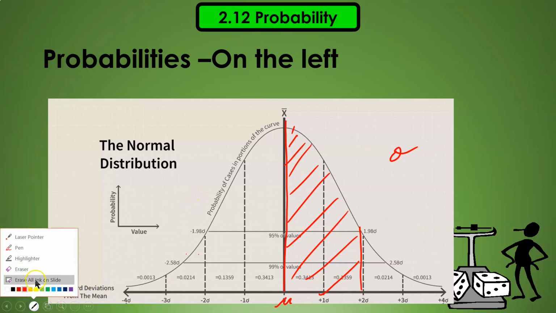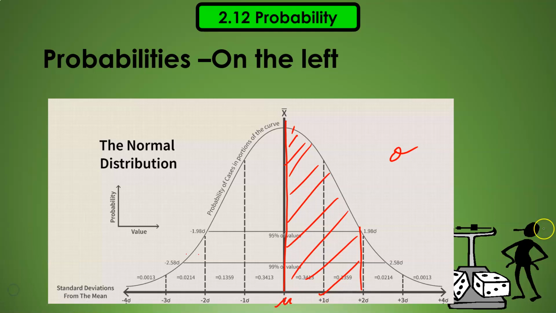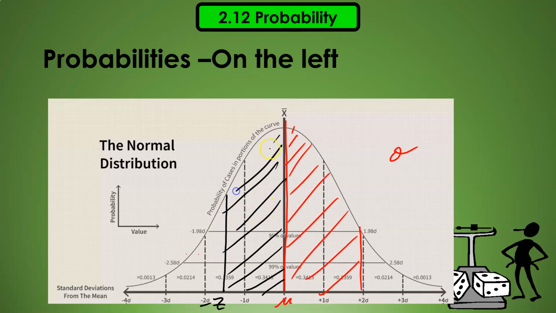Starting with this lesson, we are going to start looking at z values that are negative, in other words, to the left, over here. A lot of this is going to use the same skills that we've got already. We're just using them in a slightly different way with slightly different language.